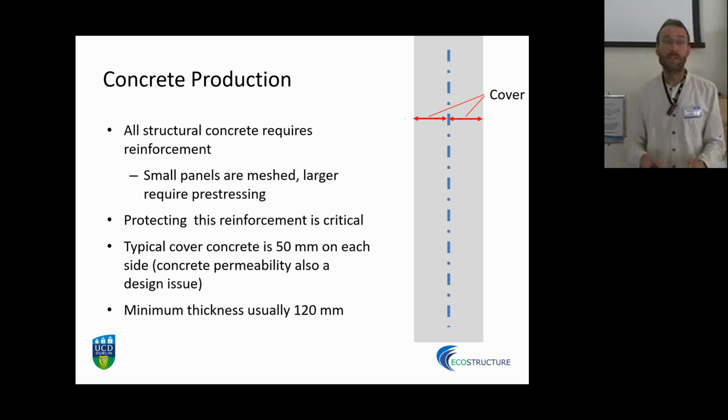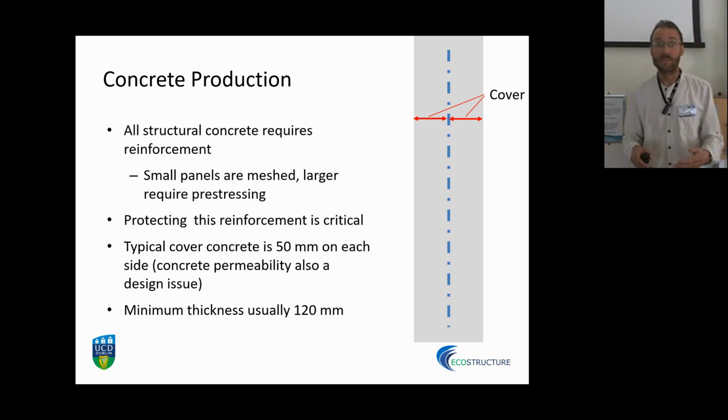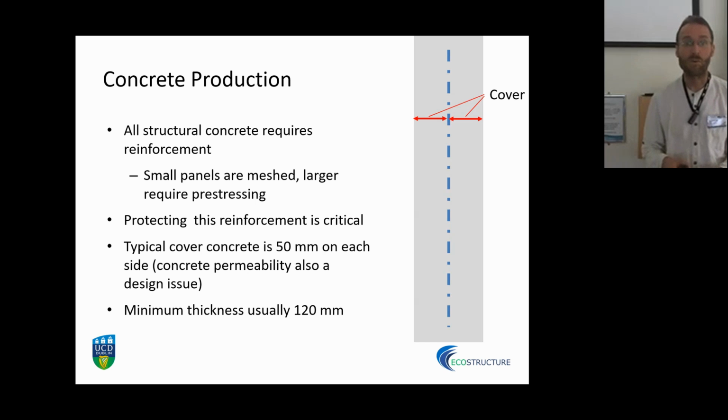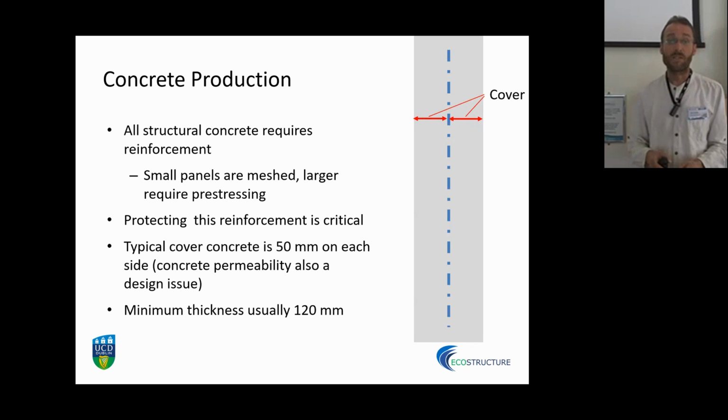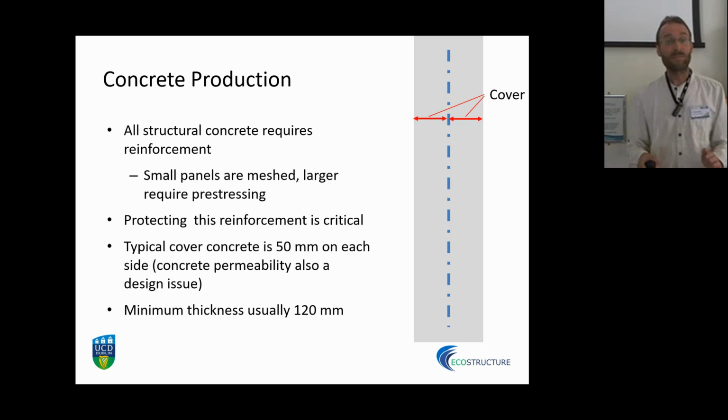And this reinforcement is absolutely critical in order for the panels to be safe and to meet requirements. The typical cover of concrete on one of these panels is 50 millimeters on each side, and this means that the minimum thickness is usually about 120 millimeters.